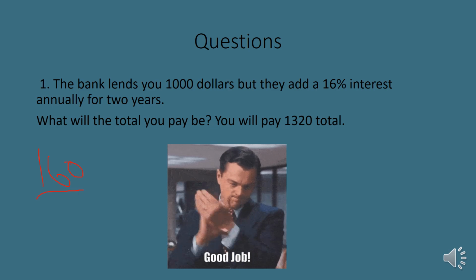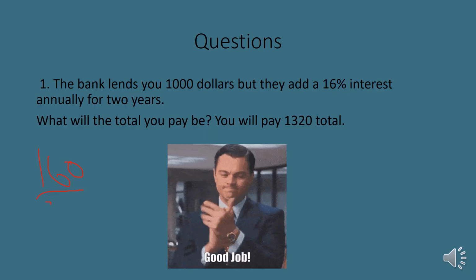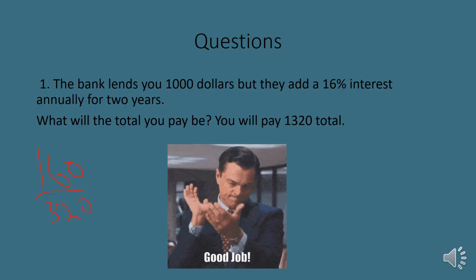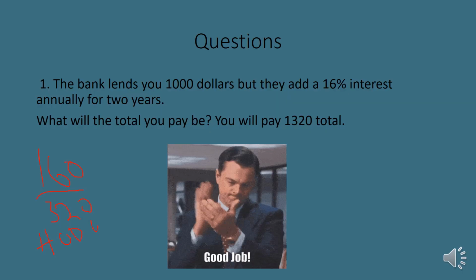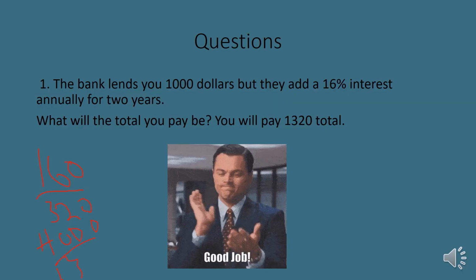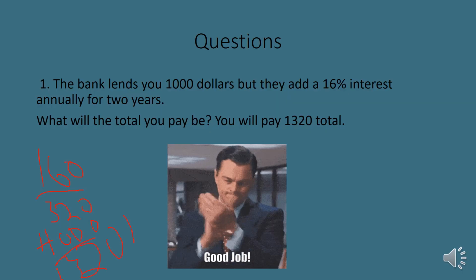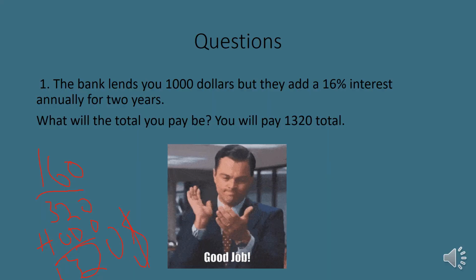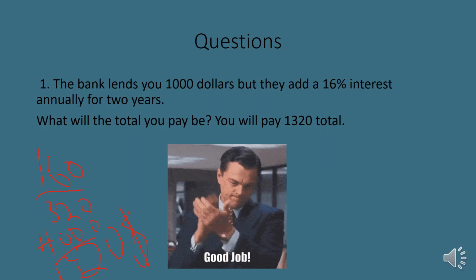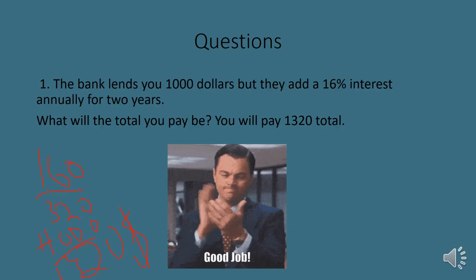So if it's 2 years, it's just going to become $320. Then when we add that to the principal, which is $1,000, what's it going to be? $1,320. That's the end price. Okay, guys? Good job for answering this question very well and for paying attention.